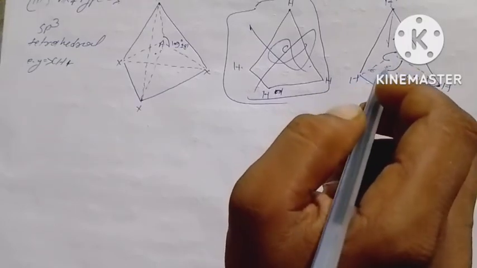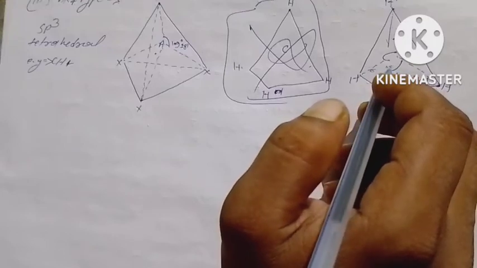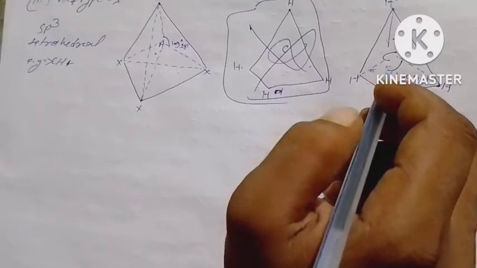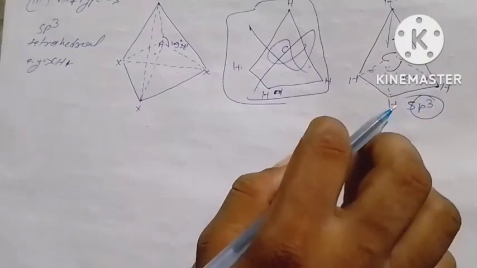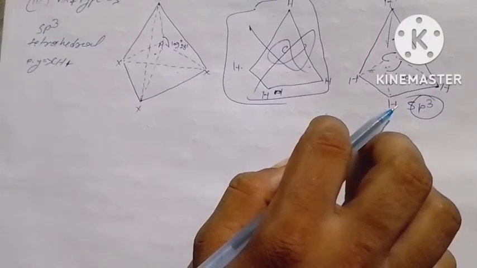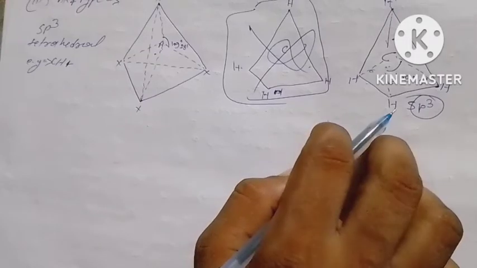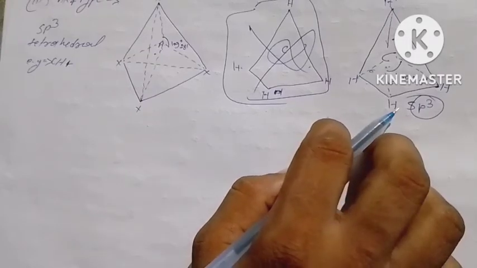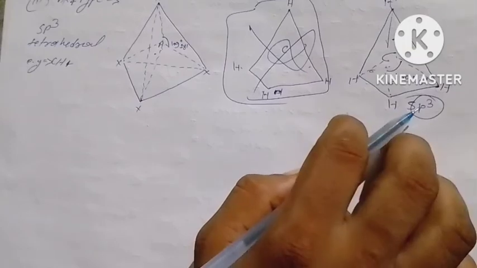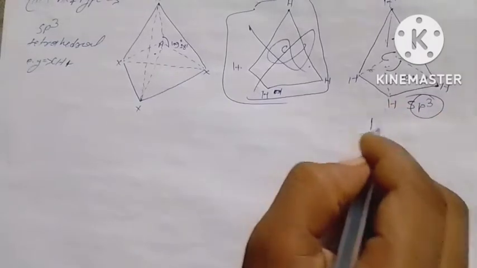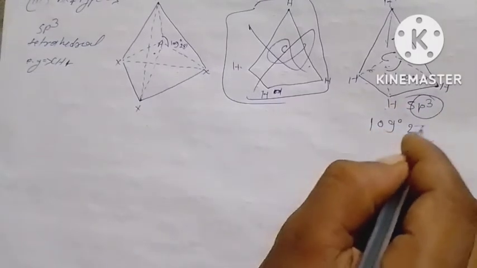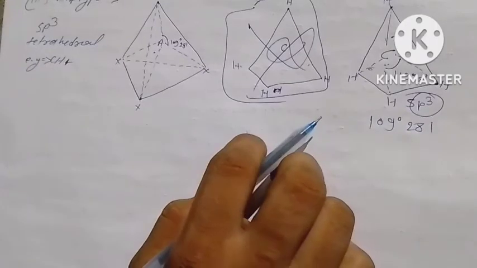Methane CH4 has sp3 hybridization, as methane only contains bond pairs, no lone pairs. Hence its structure as well as shape is tetrahedral. The bond angle is 109°28'.